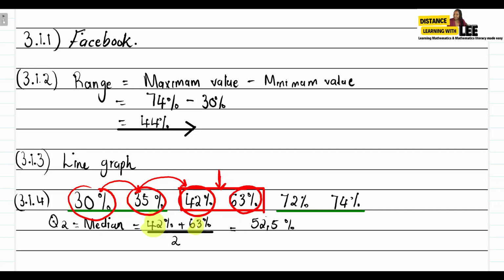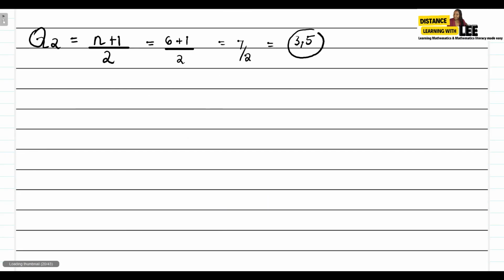So to get the median, we add these two values, 42% plus 63%, divided by 2, and our median is still 52.5%. That is an alternative way of obtaining your median or your quartile too. All right, I hope I didn't lose anyone there.